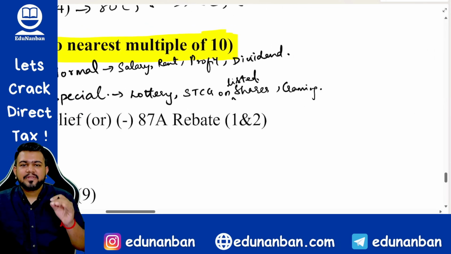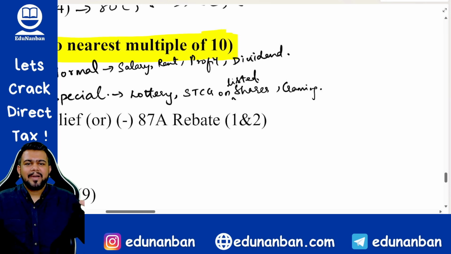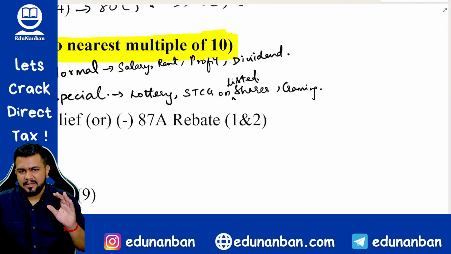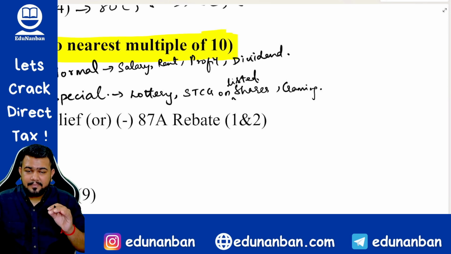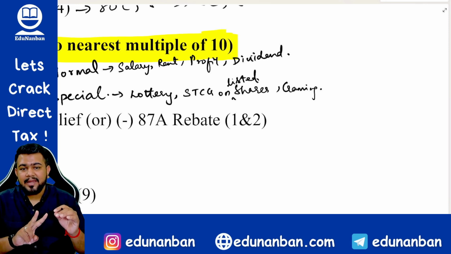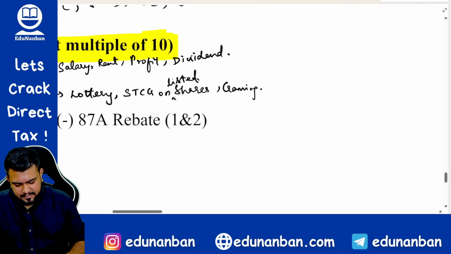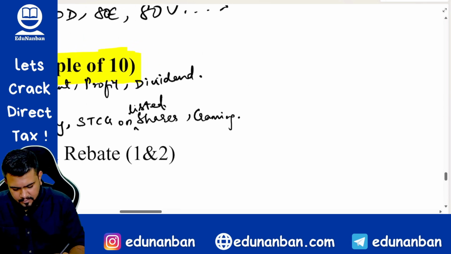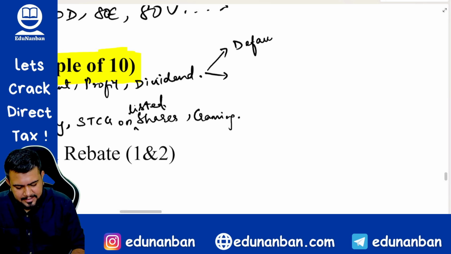Now for the normal category income, you have to combine everything together and then find out the tax on that income. But in this also there are two types of taxes. One is the default tax regime, which is also called the new tax regime.